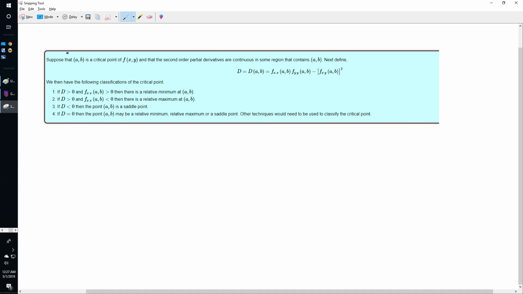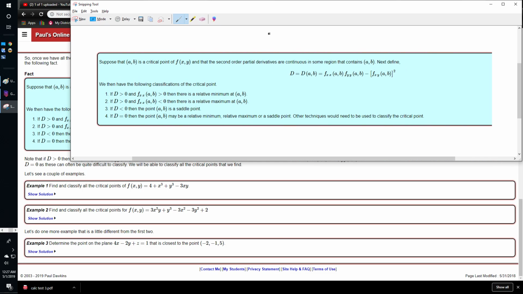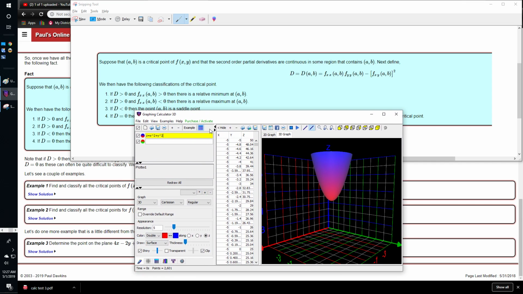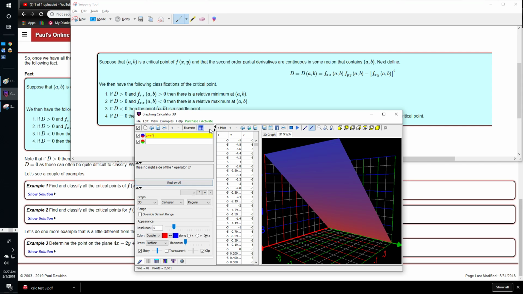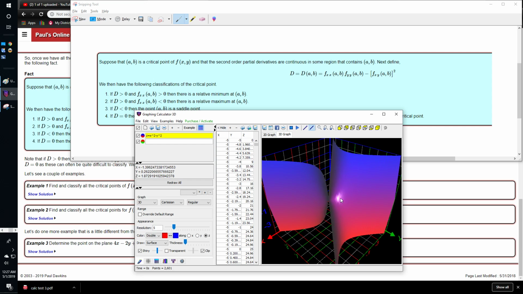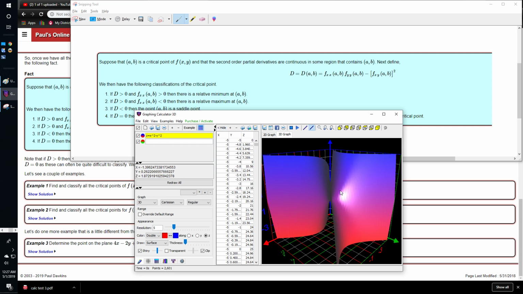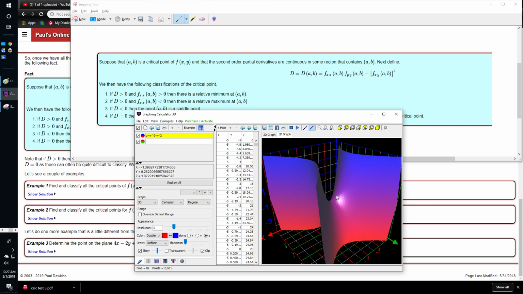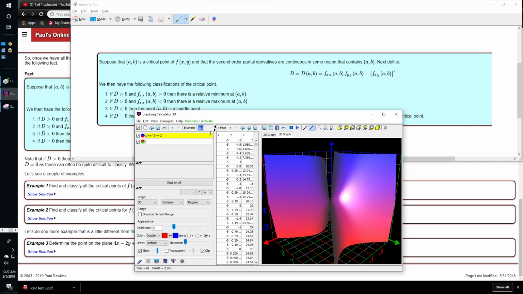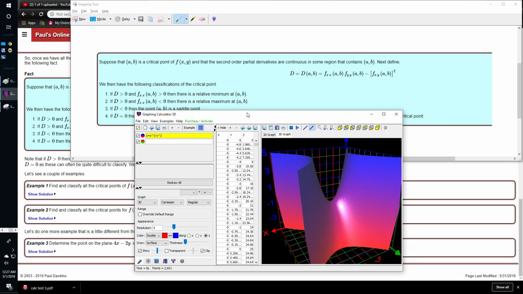I should probably draw a hyperbolic paraboloid too.